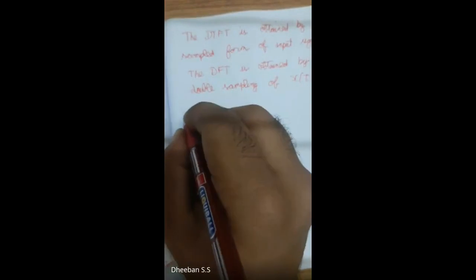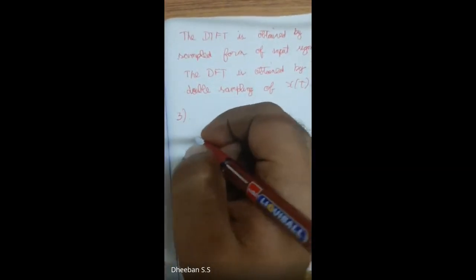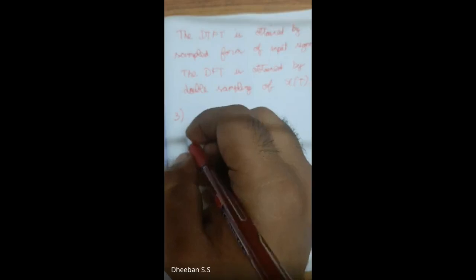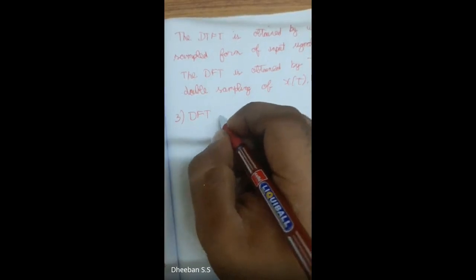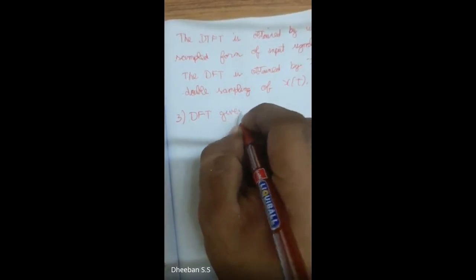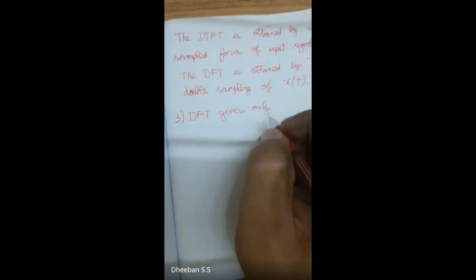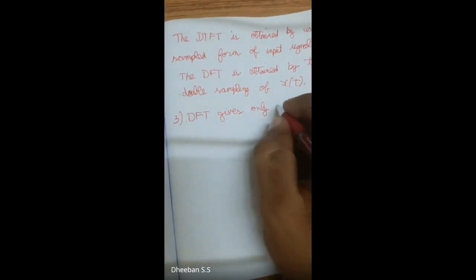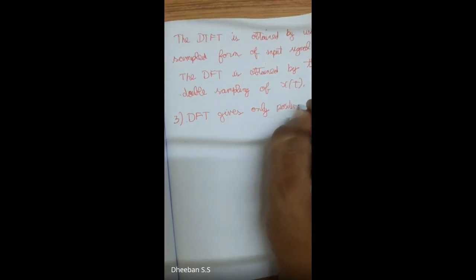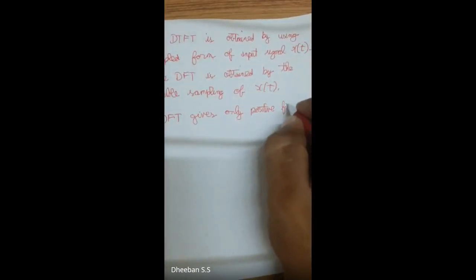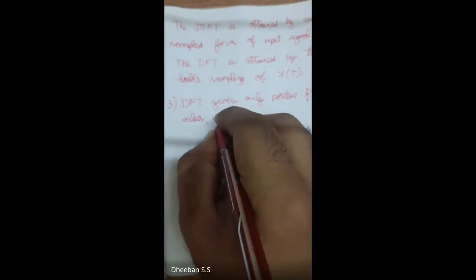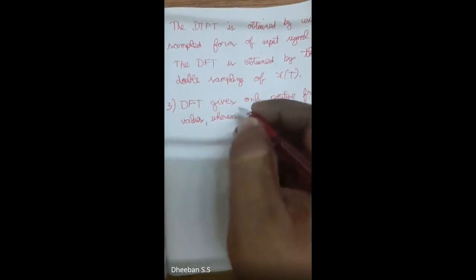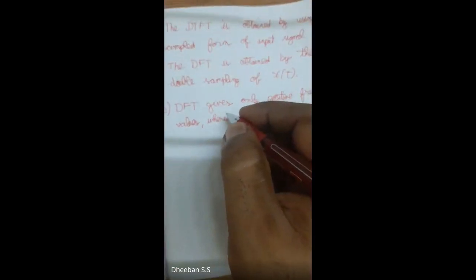So the third one: DFT gives only positive frequency values, because DFT is done for a periodic signal, so you'll be getting only the positive values.